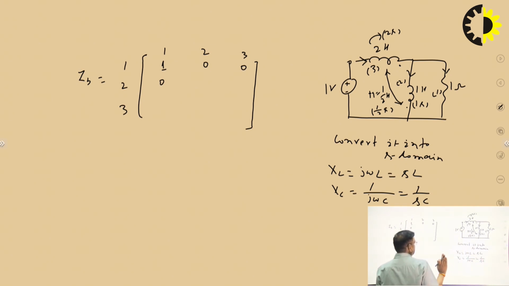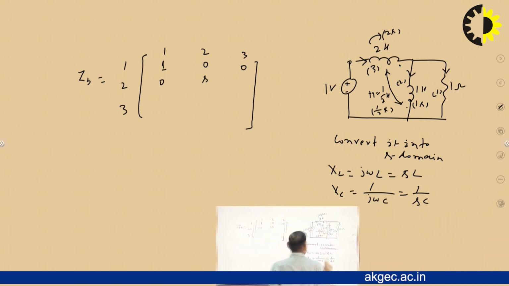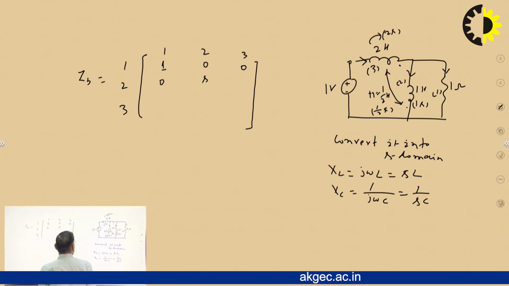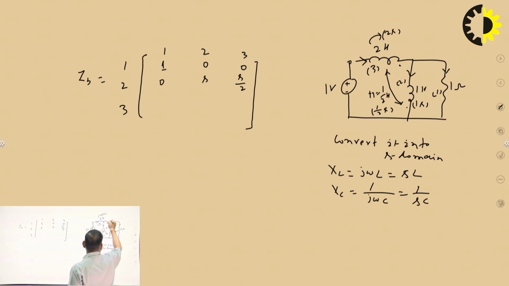So this is the self impedance of branch 2, which is SL, so S. There is coupling between 2 and 3, which is half Henry, so it is S by 2. One more thing: whether it will be plus S by 2 or minus S by 2 depends upon the direction of the current. If the current is leaving both dots, we have the positive.